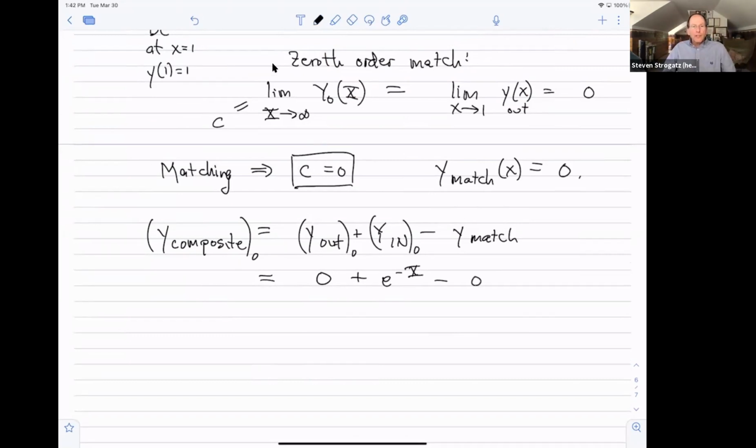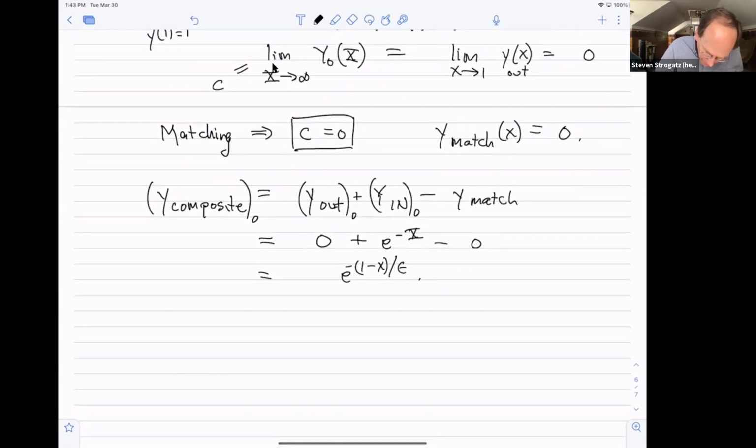And now, remembering the definition of this big X, this is e to the 1 minus x over epsilon. Unless I've screwed that up, which I have. This should be a negative sign.